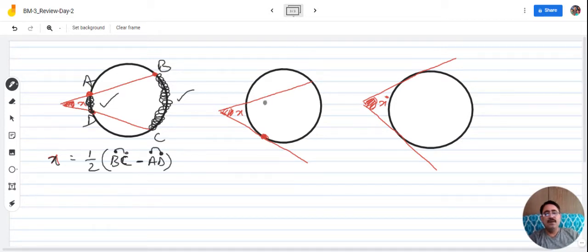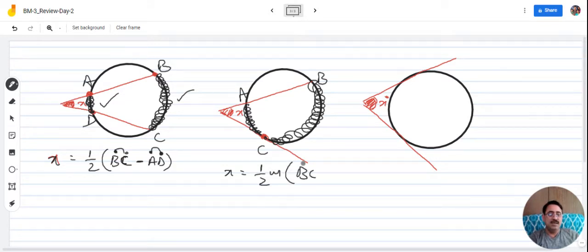Let me take the same letters A, B, and here it is touching at only 1 point, so let me name this as C. Still, I see that one long arc and one short arc are formed. So again, measure of angle x equals half of the measure of the long arc, which is BC, subtract the short arc, which is AC.